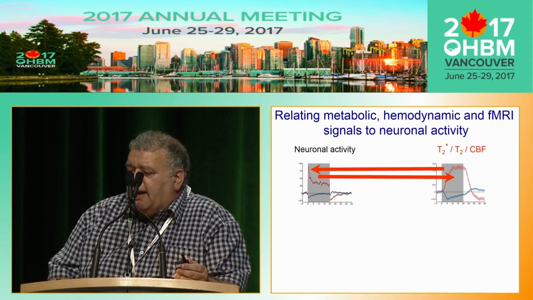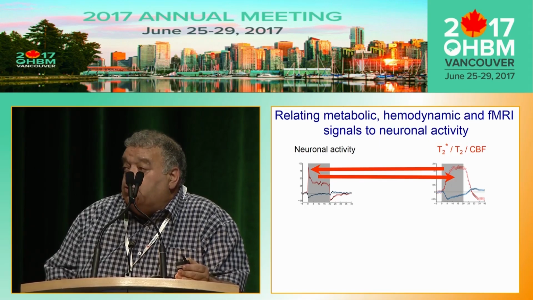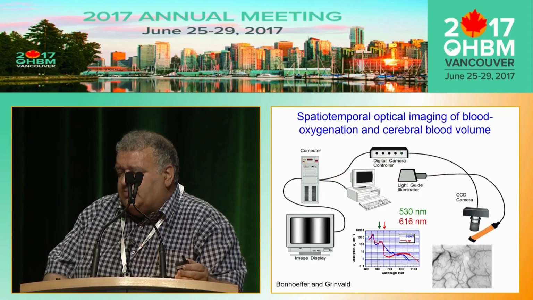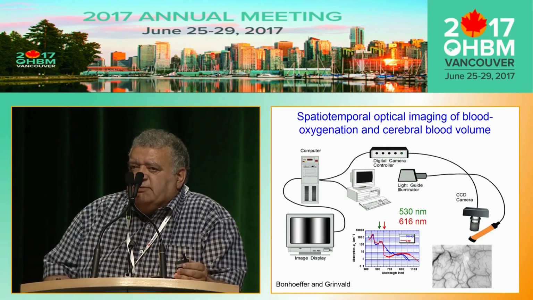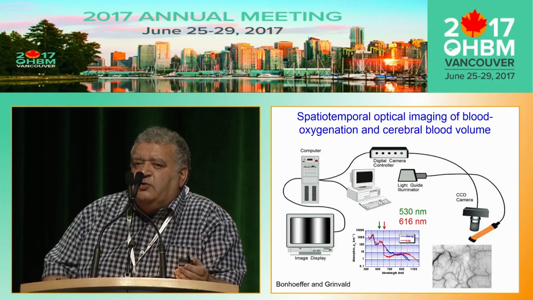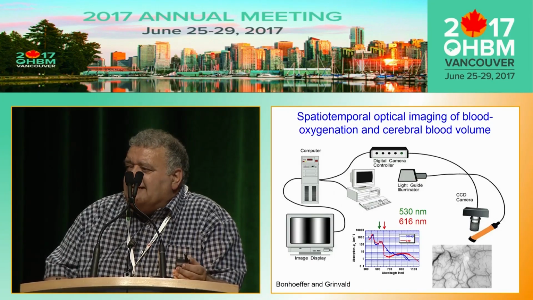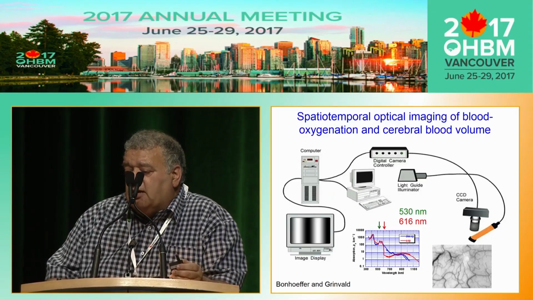We want now to relate metabolic, hemodynamic, and functional MRI signals to neuronal activity in a more direct manner. So I'll start by introducing a system of optical imaging which measures blood oxygenation and blood volume. The physiology of the hemodynamic response here is identical to that we measure with BOLD functional MRI.